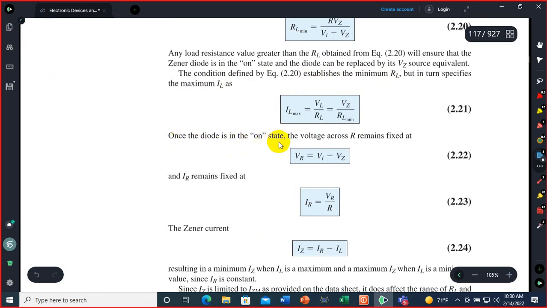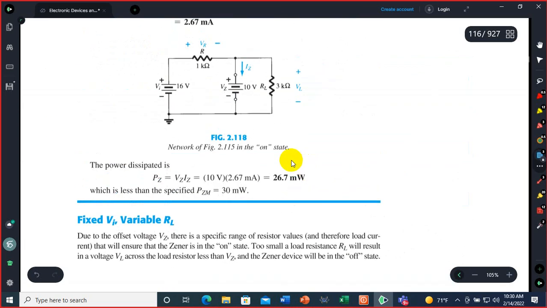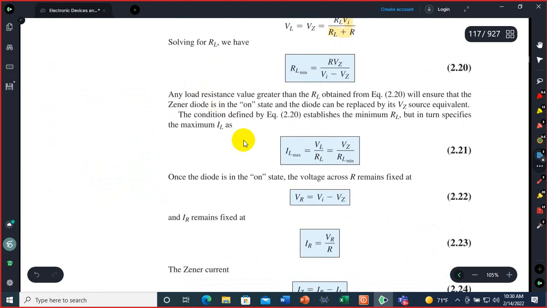Once the diode is in the on state, the voltage across R remains fixed at VR equal to Vi minus VZ, source voltage minus the zener voltage.